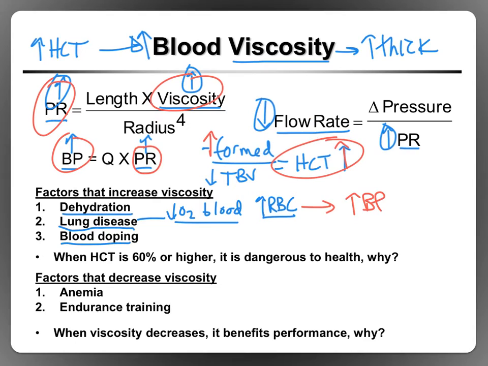So it takes time after you, like when you donate blood, you donate about 500 mils. Within about 24 to 48 hours, your plasma is back to normal, but it takes about 6 weeks for your red blood cells to come back to normal.